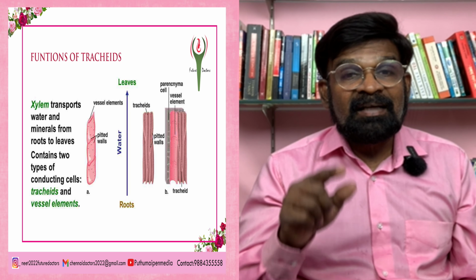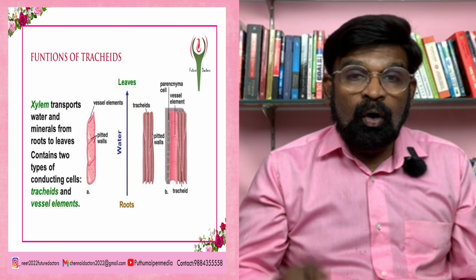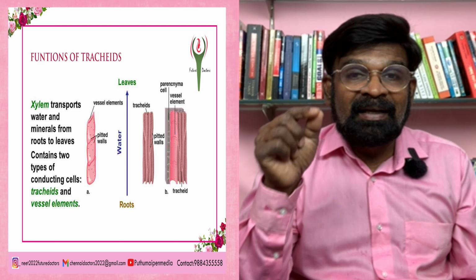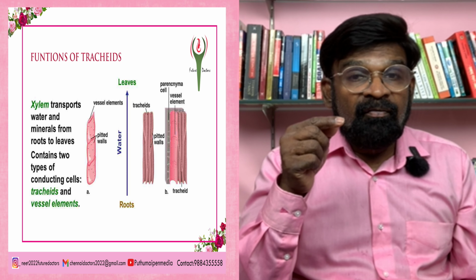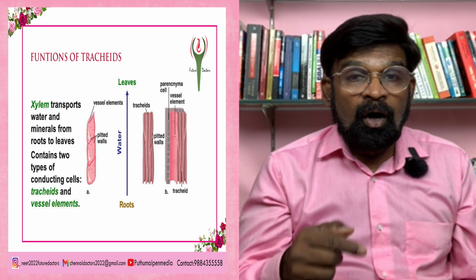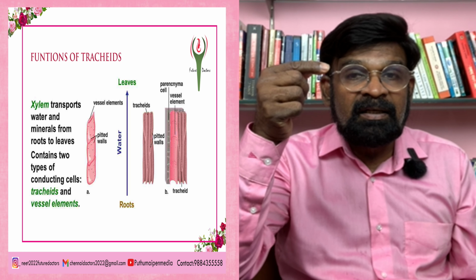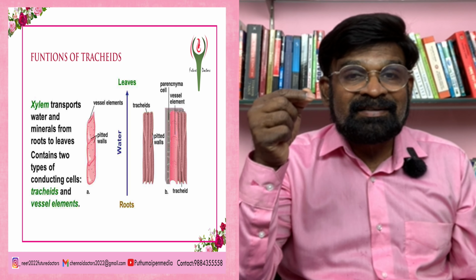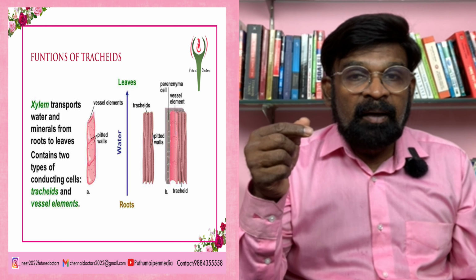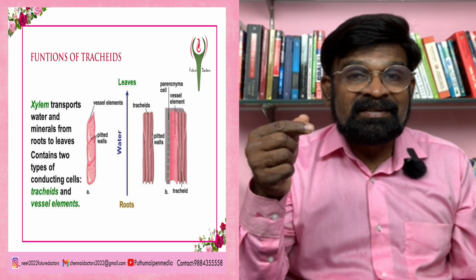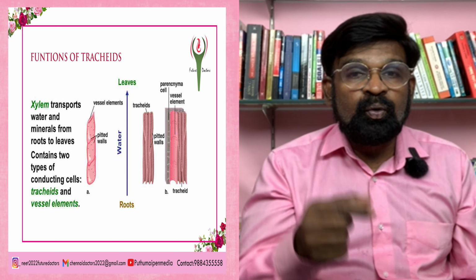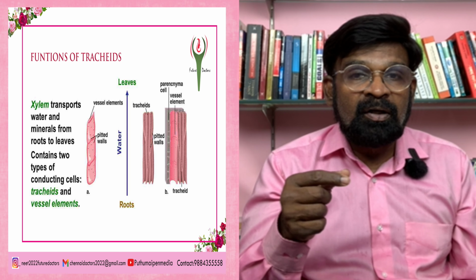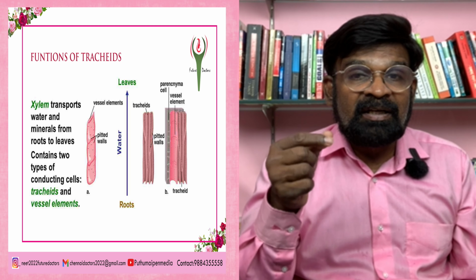Next slide. The tracheids conduct water and dissolved mineral elements from root to the leaves. Vessels. They are long, cylindrical tube-like structures made up of many cells called vessel members, each with a lignified wall and a large central cavity.